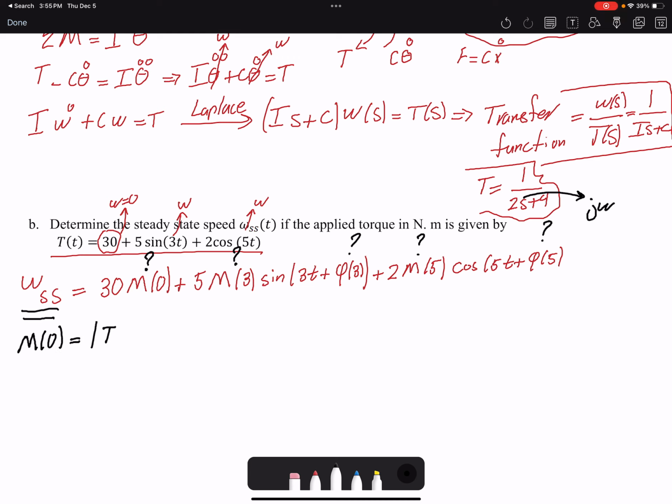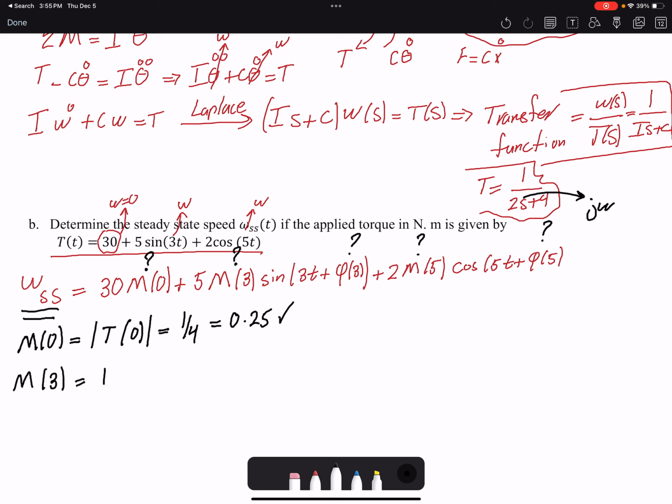I just need to plug in 0 for s. If you plug in 0 here, 2s plus 4, that would be 1 over 4 or 0.25. That's the first unknown. The second would be M3.